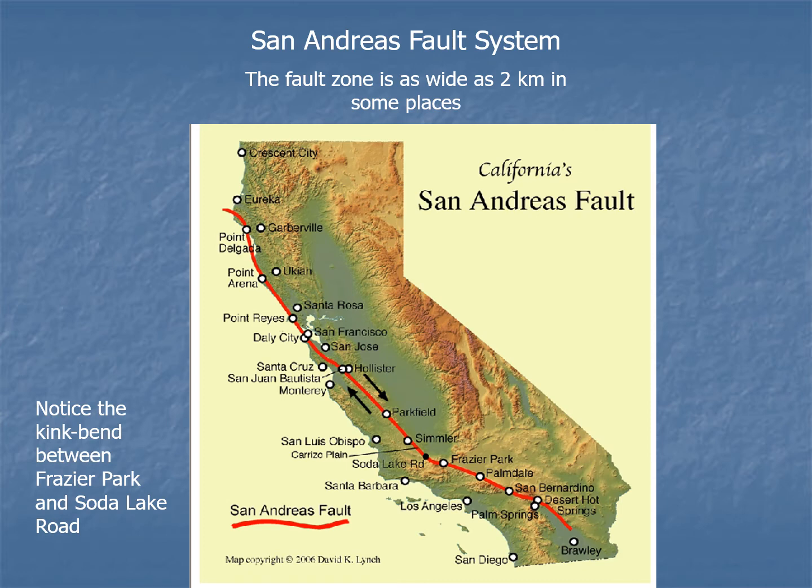So here's another image of the San Andreas Fault. Now in this case, they're just showing the San Andreas Fault proper and not all those other faults that are part of the system. And that's okay, because what I want you to look at is the bend that you have there between Soda Lake Road and Fraser Park. Right there, we might say that the fault is crooked as a dog's hind legs.